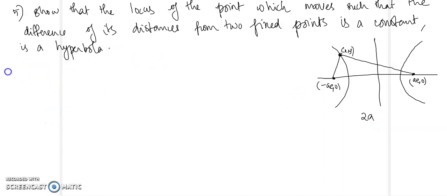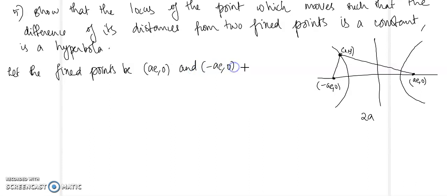Okay, so let the fixed points be (ae, 0) and (minus ae, 0), and the constant be 2a.